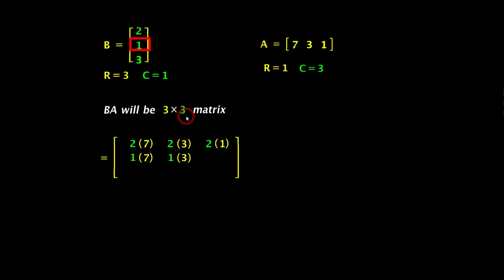Some words I'm repeating. Some students need more help, some students don't need that much help. Being an online course, I try to make it easy for every student. So finally is the row 2, column 3. So it's the 1 times that 1. And we will multiply it later.